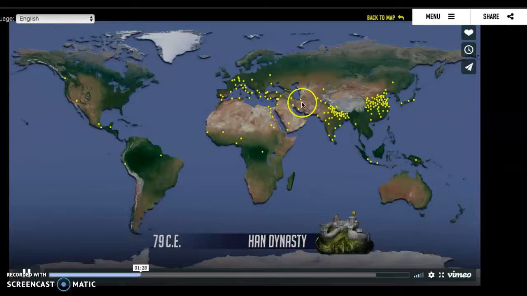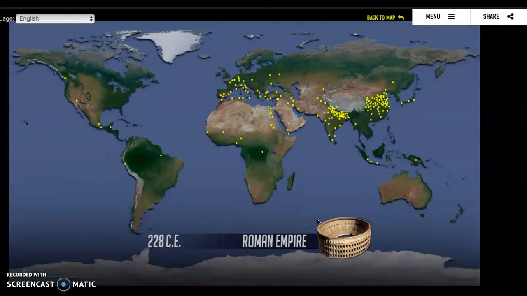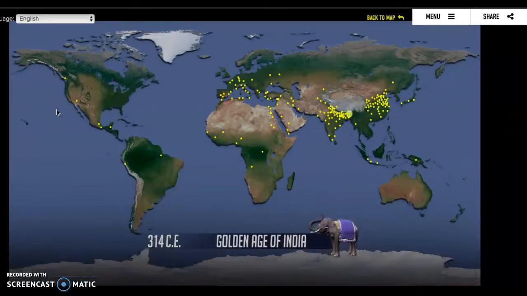The population is staying pretty low and pretty stable, pretty consistent. Roman Empire, couple hundred years in, our population still staying pretty low and consistently the same low number.